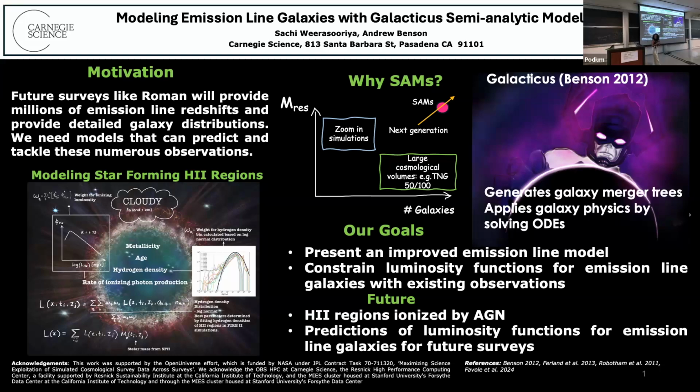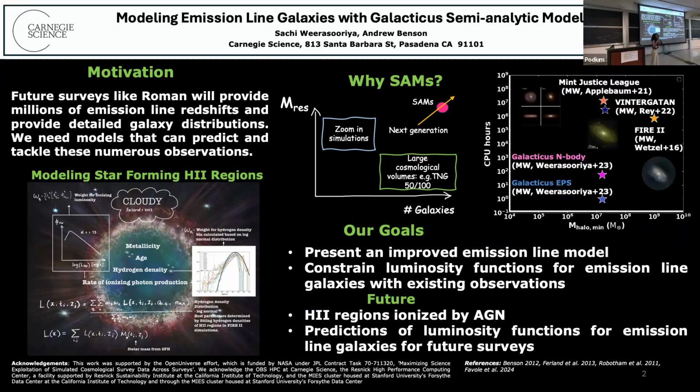So the nice thing about this is it's very fast. It's 100,000 times faster than hydrodynamic simulation. So it's very efficient. Our goal is to present an improved emission line model with Galacticus and constrain luminosity functions for emission line galaxies with existing observations.